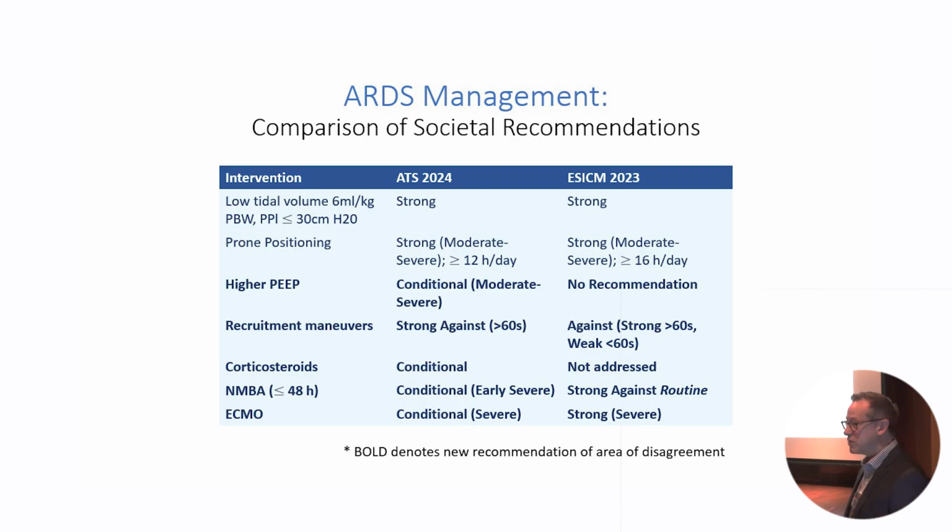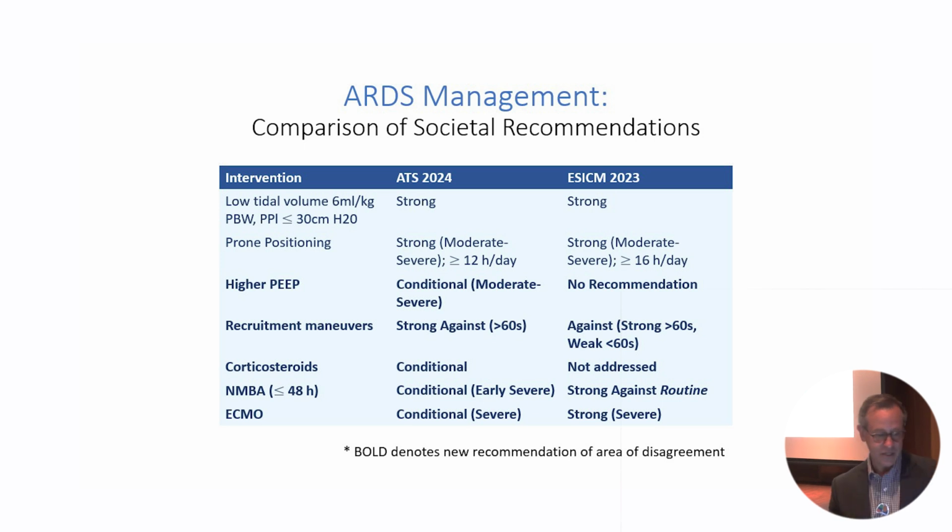And then once we've decided our patient has ARDS, how are we going to manage it? So I put this slide up just to summarize the recent positions from the American Thoracic Society and the European Society for Intensive Care Medicine. Interestingly, in 2017, the last time they issued guidelines, they issued joint guidelines. But this time around, they decided to part ways and issue separate guidelines, which led to a couple of interesting discrepancies.